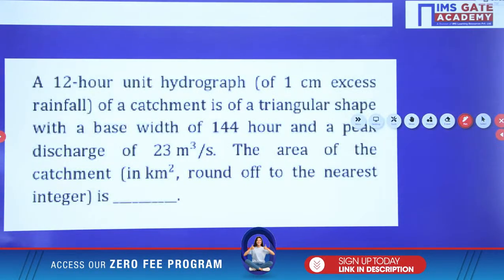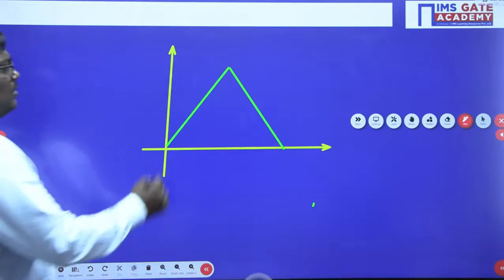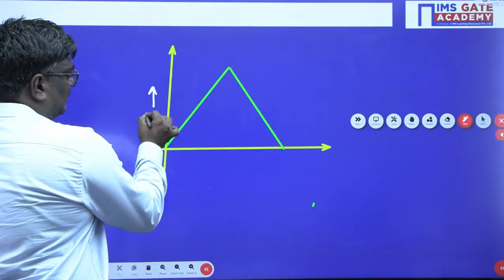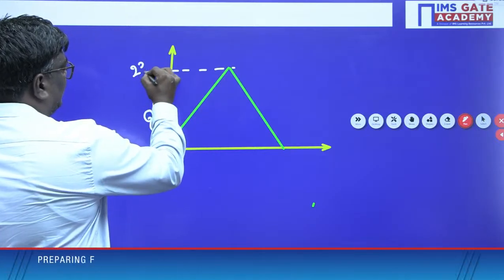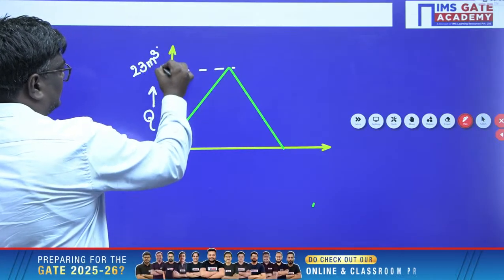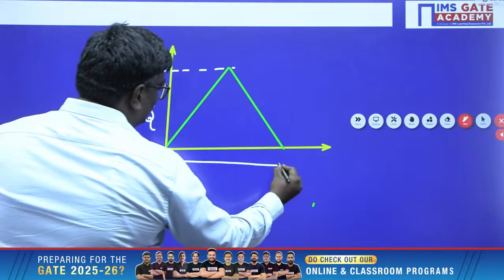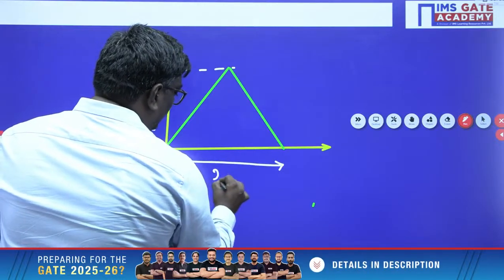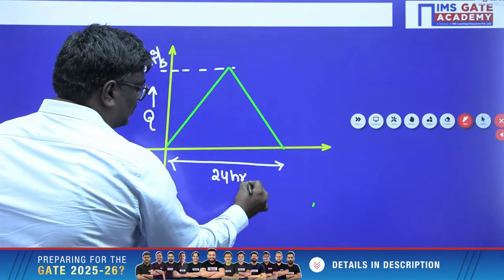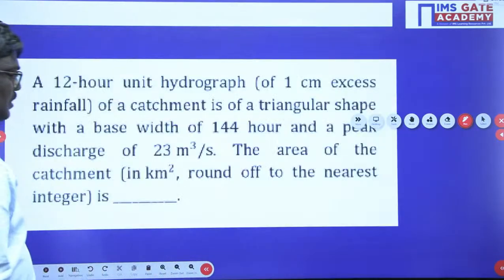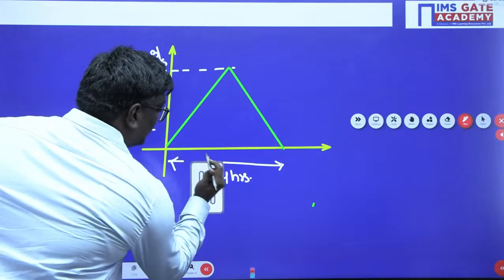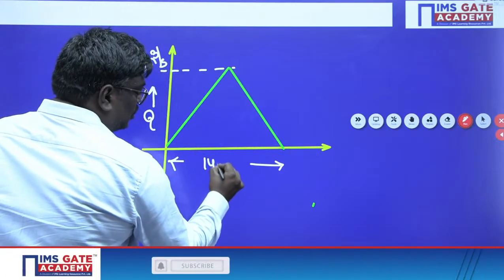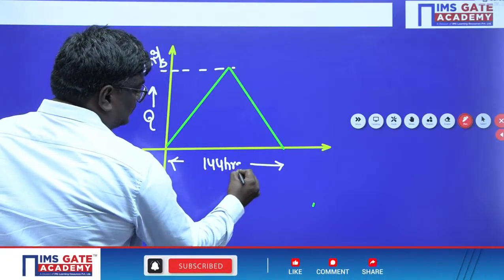Discharge is 23 meter cube per second, peak discharge. And the time duration is how much, sir? 24 or 144, sir? I think 144, sorry. Time duration, you can say, is 144 hours.